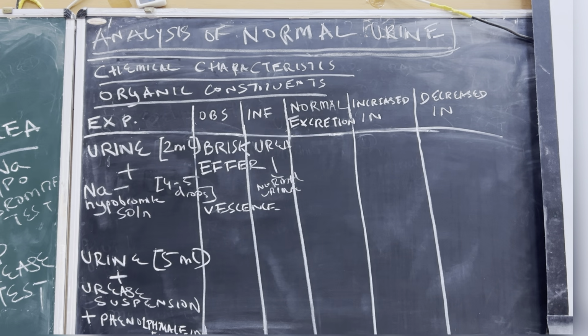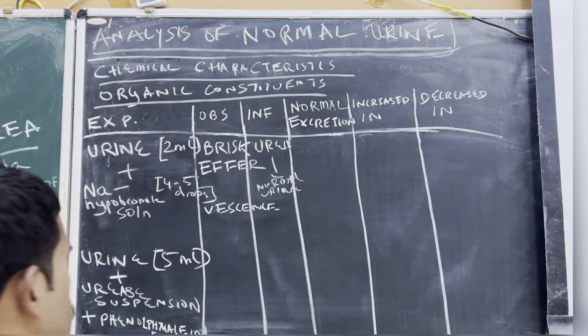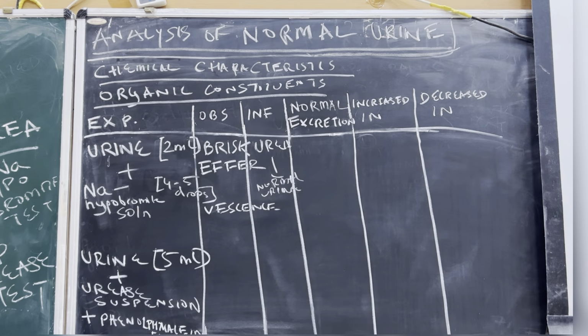Some standard textbooks also recommend using one extra control. The main test will have active urease suspension and the control will have inactivated urease suspension. But some colleges don't use the control, they just use one urease suspension. So, this is the procedure, and now what is the inference?